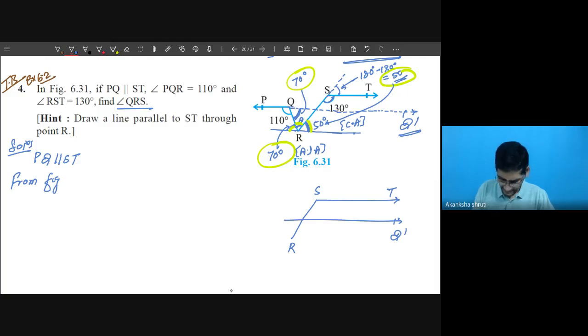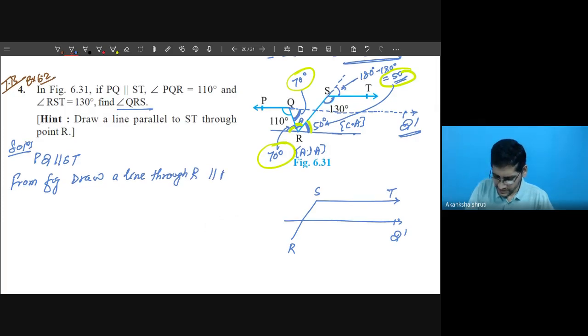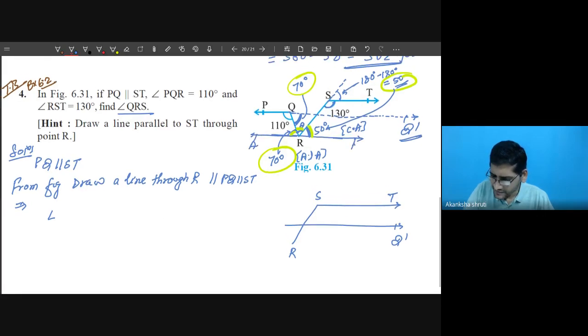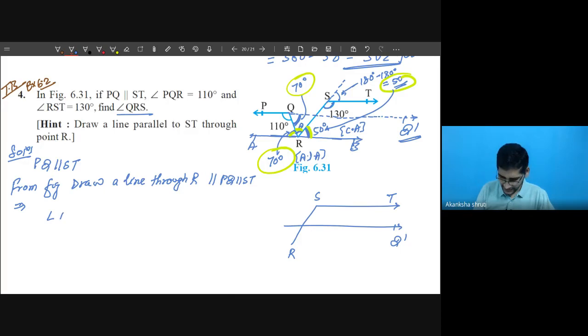Figure. Or you may draw a construction. Draw a line through R parallel to ST, which means PQ, which is already parallel to ST. This implies, you may consider this as A, this as B. So you may write angle ARQ equals 180 minus 110.